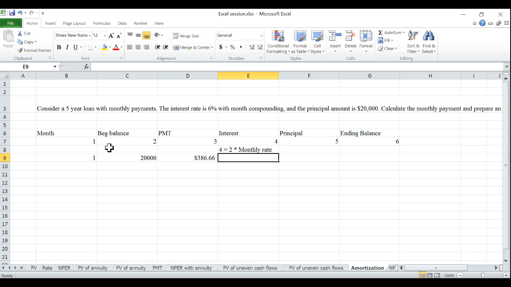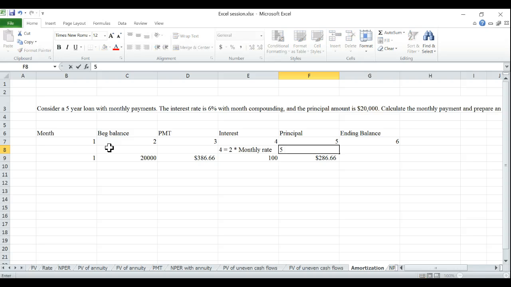In this case, if it was annual, of course we would have used the annual rate. So whatever my beginning balance for that period is times the monthly rate, which is 6% divided by 12, and that will tell me how much of the interest I paid. The interest is always based on the beginning balance, and then the principal is whatever the remaining money that you paid. So out of 386, if 100 is the interest, then 286 has to be the principal.